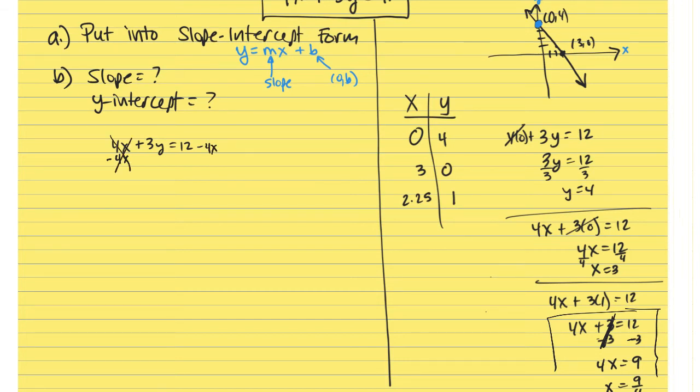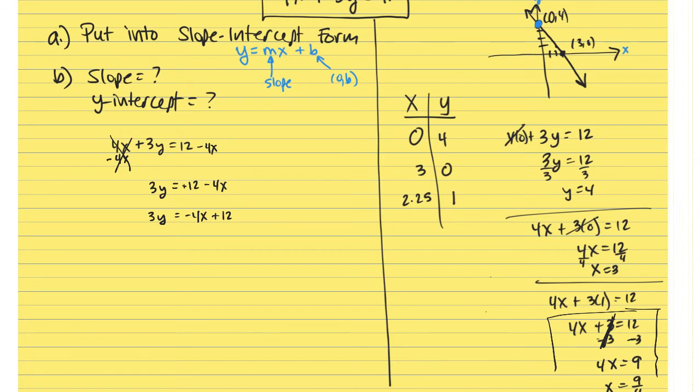So it crosses off there. 4x minus 4x is just 0. So this side of the equation would be 3y, and then I'd have 12 minus 4x. If I change the order, I'm going to make that negative 4x come first. That 12 doesn't have a negative in front of it, so we can assume that it's positive. I'm just changing the order using the commutative property.